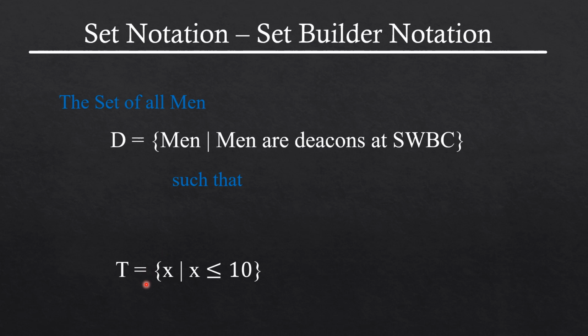Now this is going to be a mathematical set builder notation. The set of all x's such that those x's, or numbers, are less than or equal to 10. That's what this means. The numbers are less than or equal to 10. So let's think about a number that is in this category.